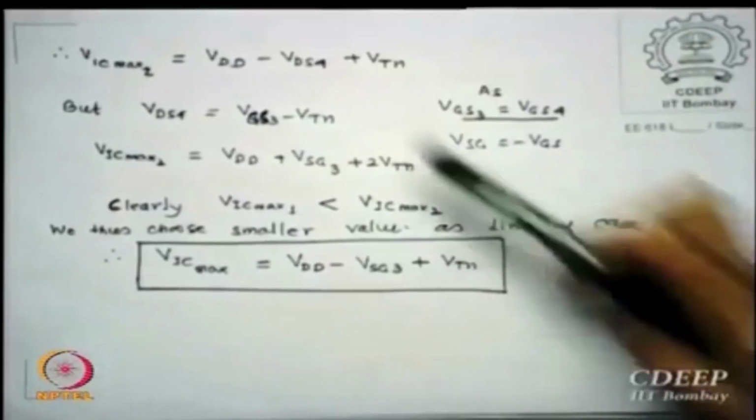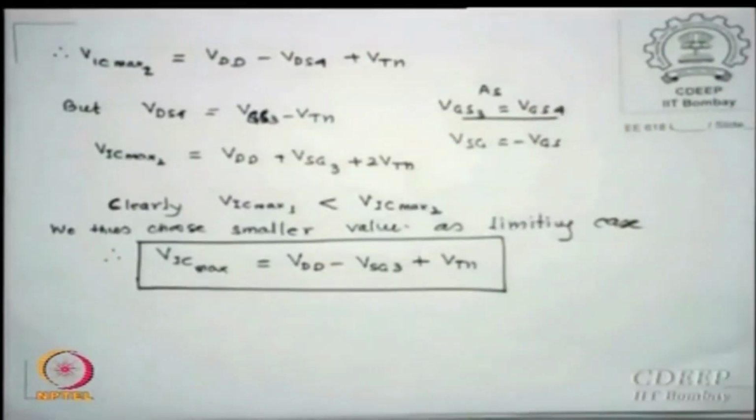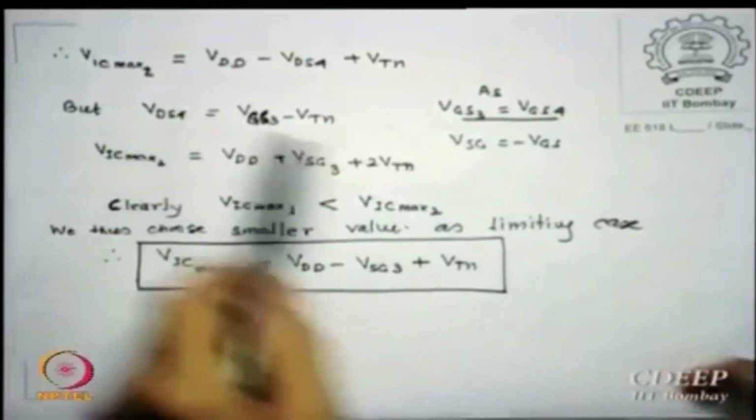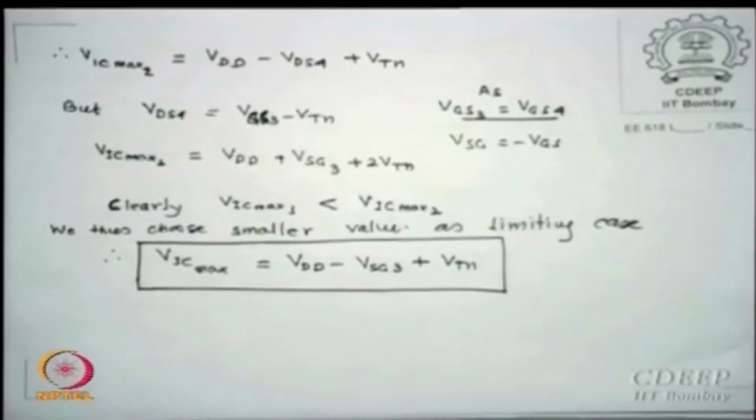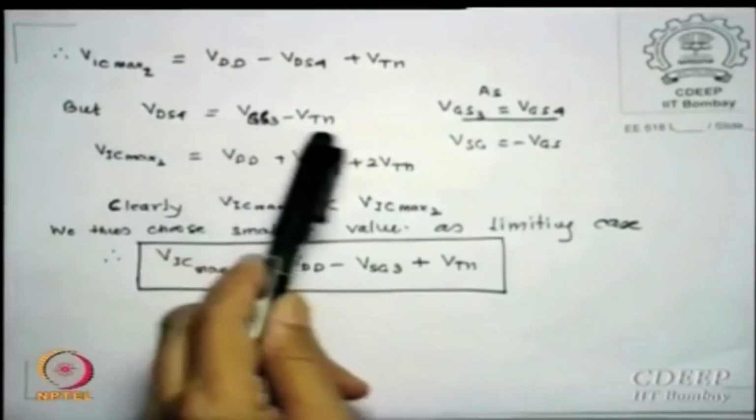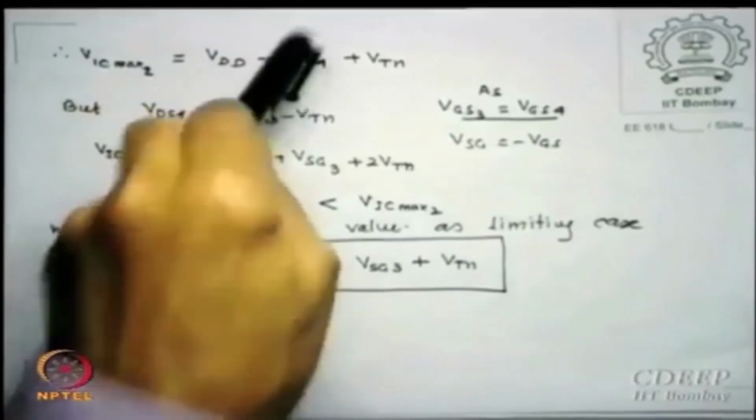So if I substitute this, I get VIC maximum 2 is VDD minus VDS4 plus VTN, but VDS4 is VGS4 minus VTN, but VGS4 is VGS3, we have connected them. So I write VDS4 is VGS3 minus VTN and substitute that again here.